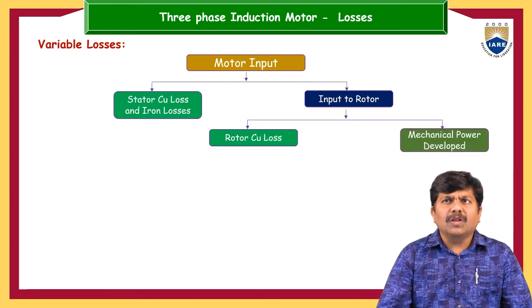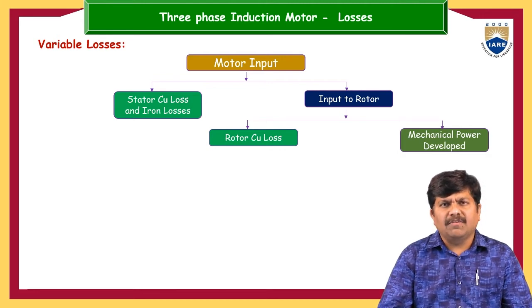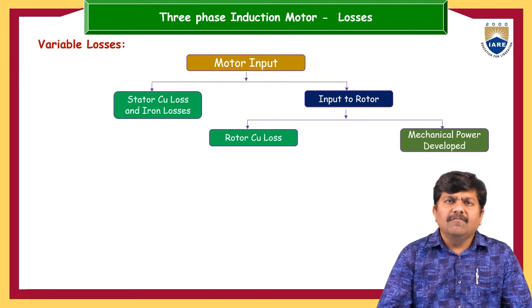Then the input to the rotor goes to the rotor frame, where there are some losses. What could be the rotor losses? There may be rotor copper loss and there may be rotor core loss. Now here, the rotor is a segment where the induced EMF or currents associated with the rotor circuit will be operating at very, very low frequencies.